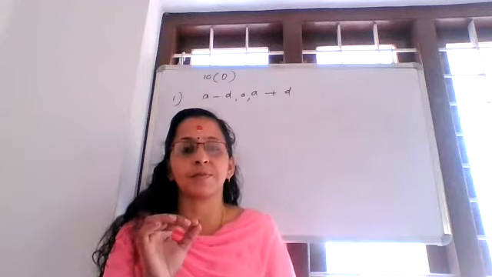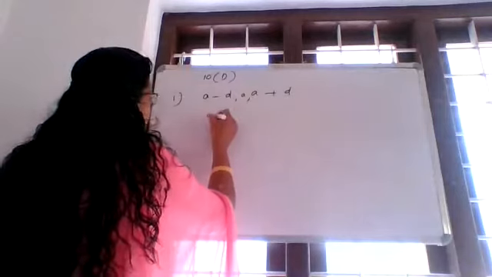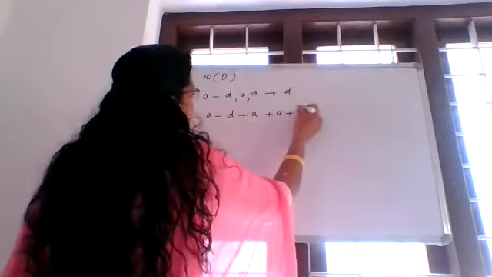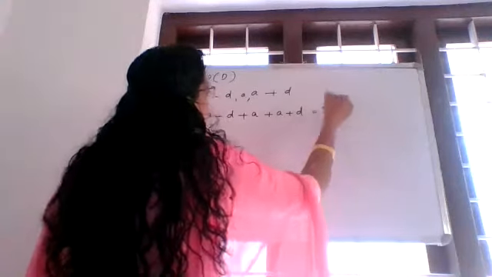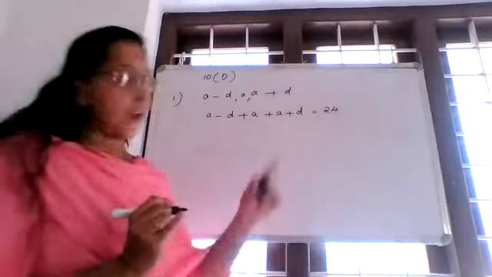So A minus D plus A plus A plus D is equal to 24. Whose sum is 24, that we want to solve.